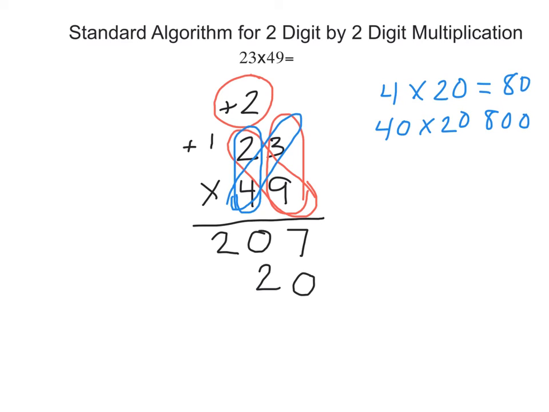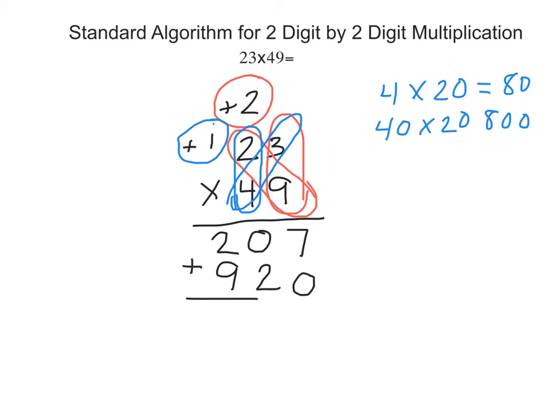So 40 groups of 20, which I outlined in blue, would be 800. But let's not forget, I already have an additional group of 100. I have 100 that I also need to add to my 800. So that gives me 900.